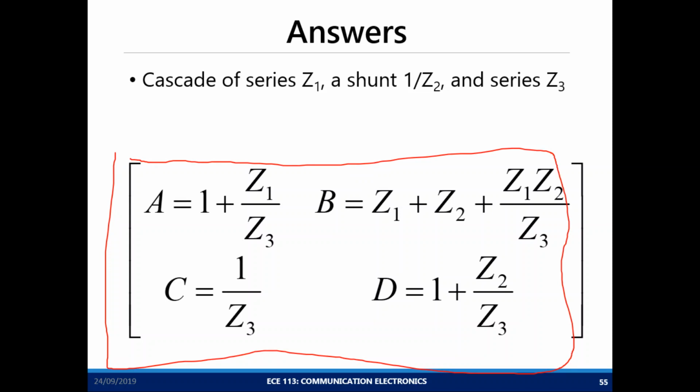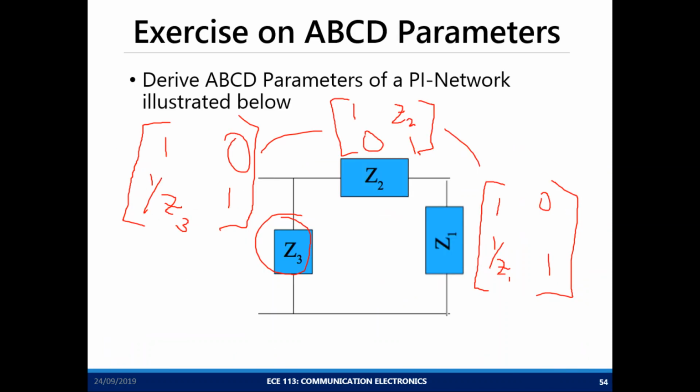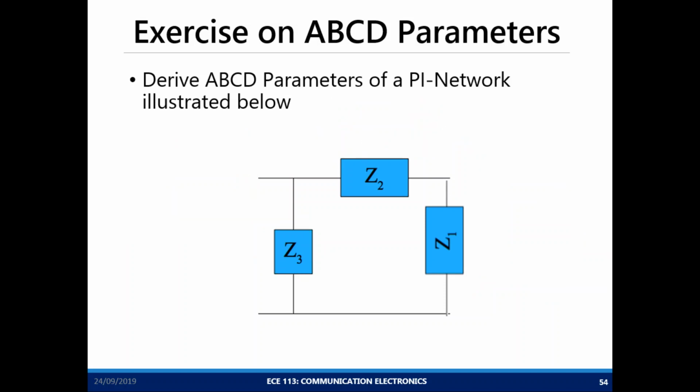Okay? And you can verify that by analyzing the ABCD parameters of this whole matrix right here. So to solve for A, you need to maintain this open circuit and solve for V2. So you have a V1 right here, solve for V2. Okay? So V1 right here is divided into this voltage here and here.